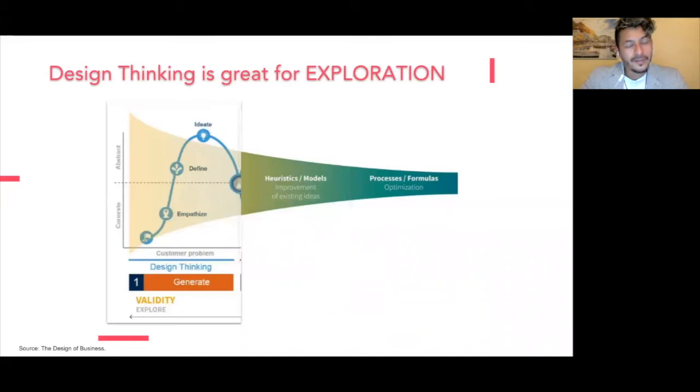Every company that wants to survive now, with all these rapid changes in the market, needs to do two things. The first thing is exploring. Every business needs to always be exploring new opportunities, finding potential new markets, potential new segments, potential new problems to solve.